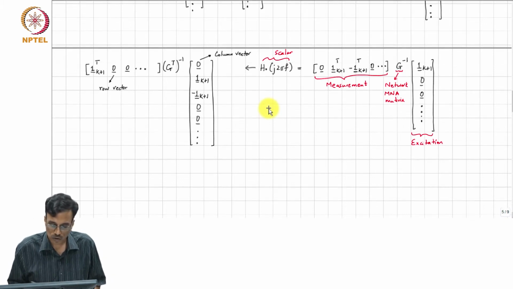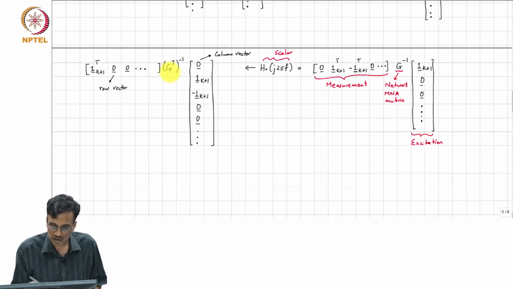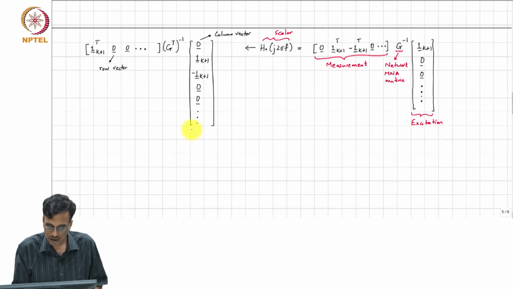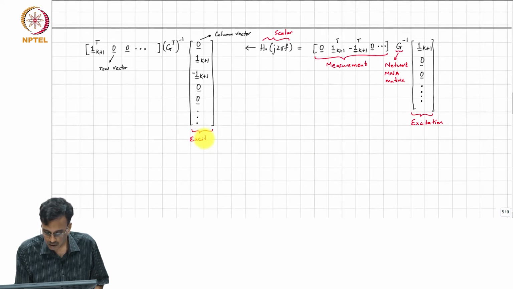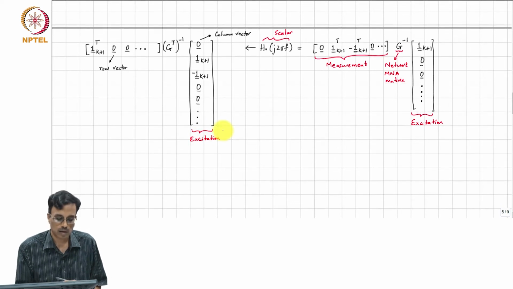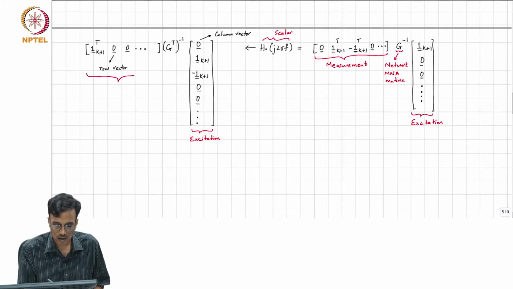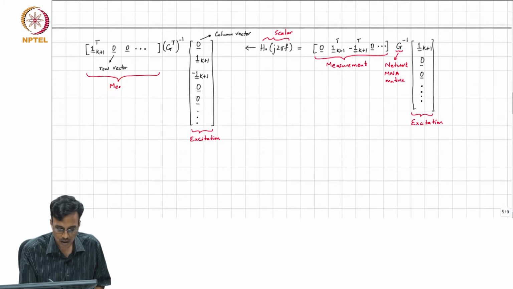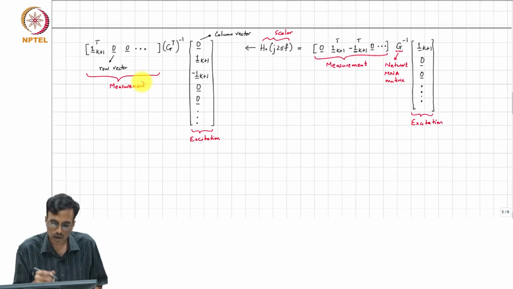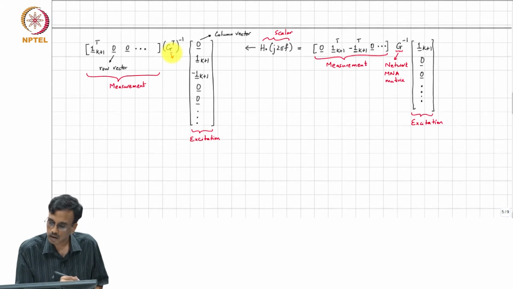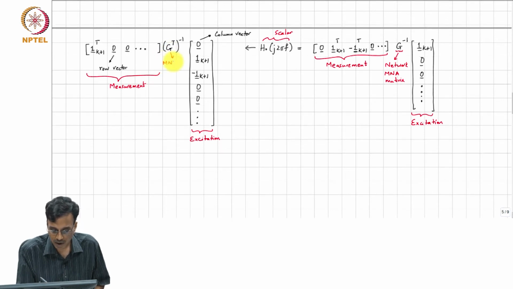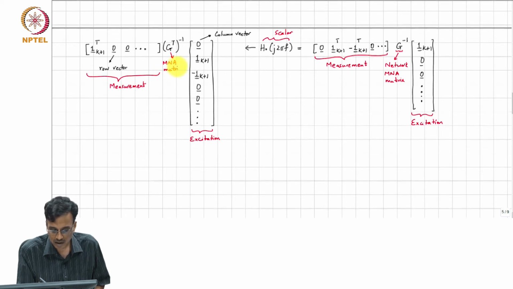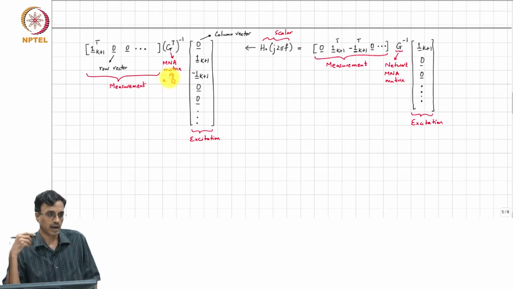All right. So, this can be interpreted now therefore, as this is the excitation, this is the measurement, okay, and this is the MNA matrix, can be interpreted as the MNA matrix of a network n hat.